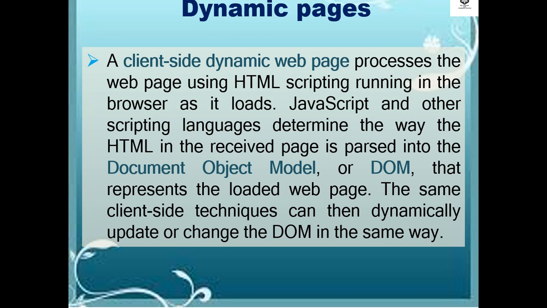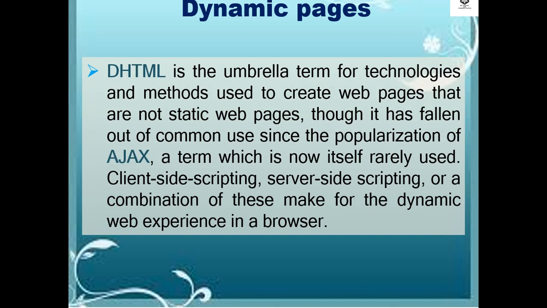A client-side dynamic web page processes the web page using HTML scripting running in the browser as it loads. JavaScript and other scripting languages determine the way the HTML in the received page is parsed into the Document Object Model, or DOM, that represents the loaded web page. The same client-side techniques can then dynamically update or change the DOM in the same way.